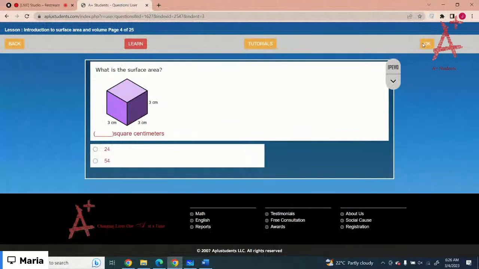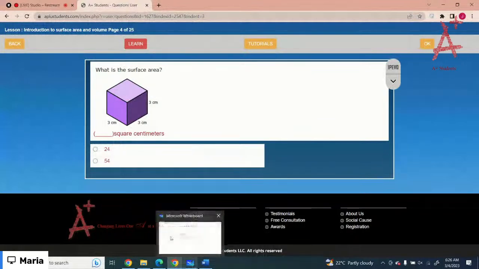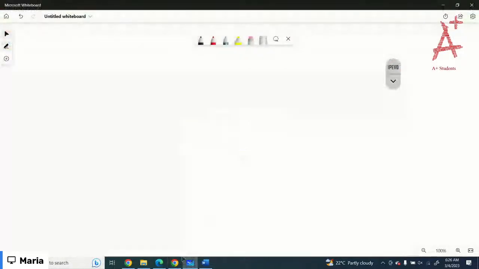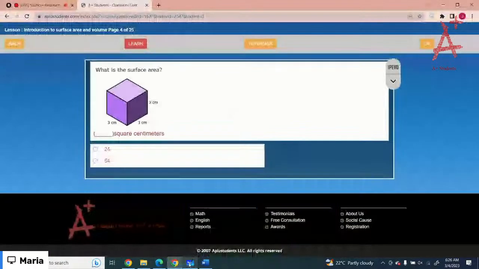What is the surface area? So you have to calculate the surface area. Got it? And it is a cube. Cube has 6 faces. So let's just calculate the surface area of one face and multiply it by the 6, because it is a cube and cube has all the same dimensions.